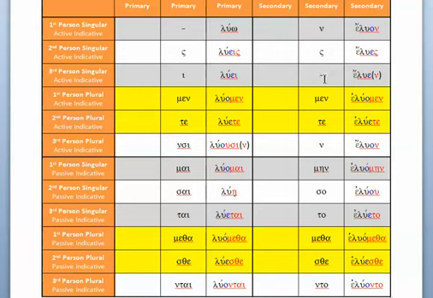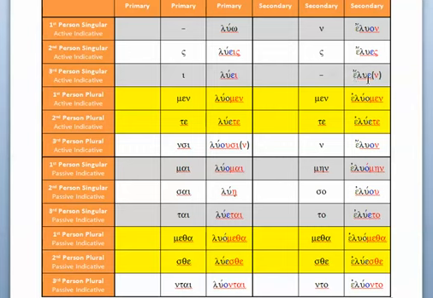The trick there is with this third singular ending, you technically don't have an ending, but you quite often have this movable nu. So what will help you there is recognizing that when you see this epsilon before that movable nu, you only have one option.